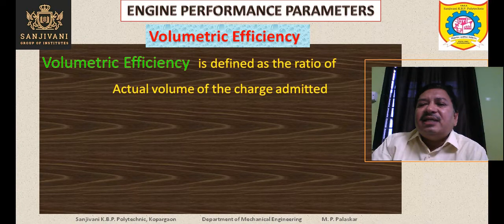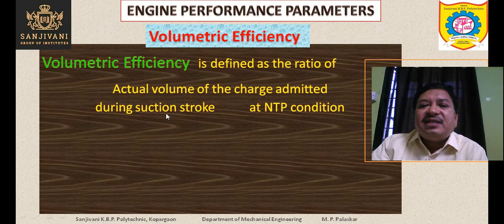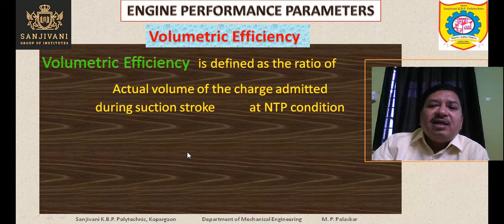So it may be less than the stroke volume, and this volume has to be calculated at standard conditions of temperature and pressure. So the volumetric efficiency is defined as the ratio of actual volume of the charge admitted during suction stroke at NTP condition.